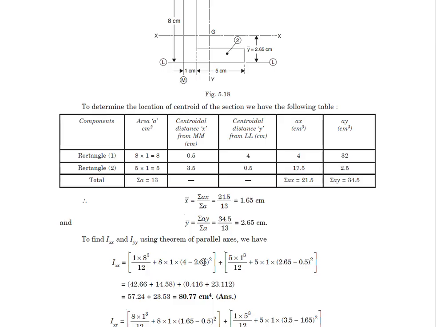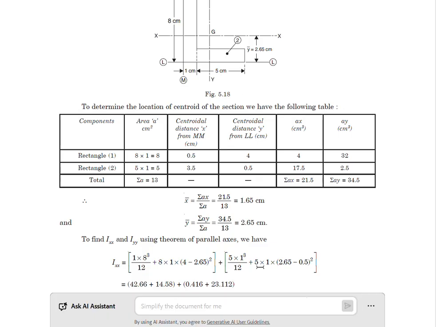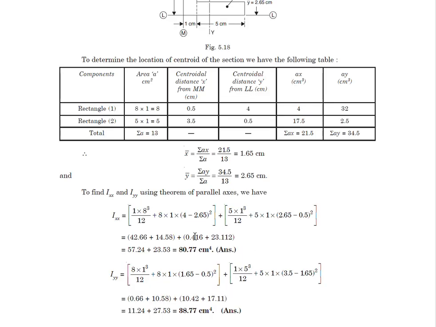Using a similar procedure, we find the moment of inertia of the second rectangle, which is 5 into 1 cube by 12, because 5 is the base and 1 is the height, plus 5 into 1, the area of this rectangle, into the distance of this point from the line XX, which is (2.65 minus 0.5) square. After you sum these up, you get the total.